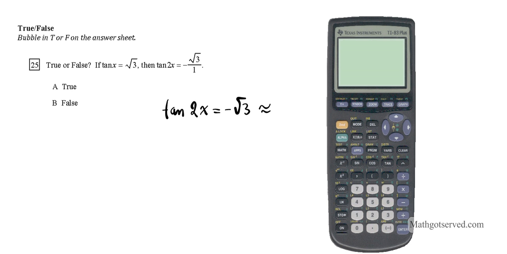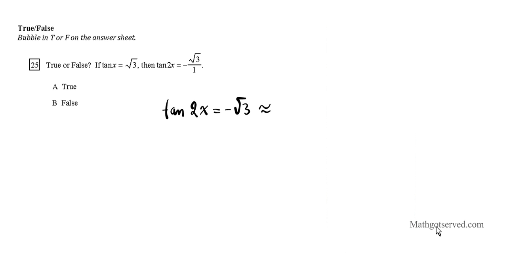Let's plug that into our calculators and see what we get. Negative root 3 is approximately negative 1.7321.